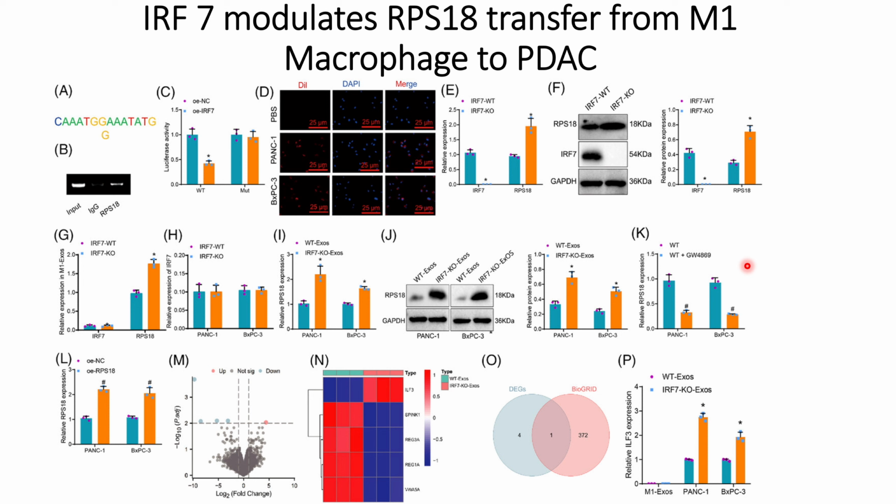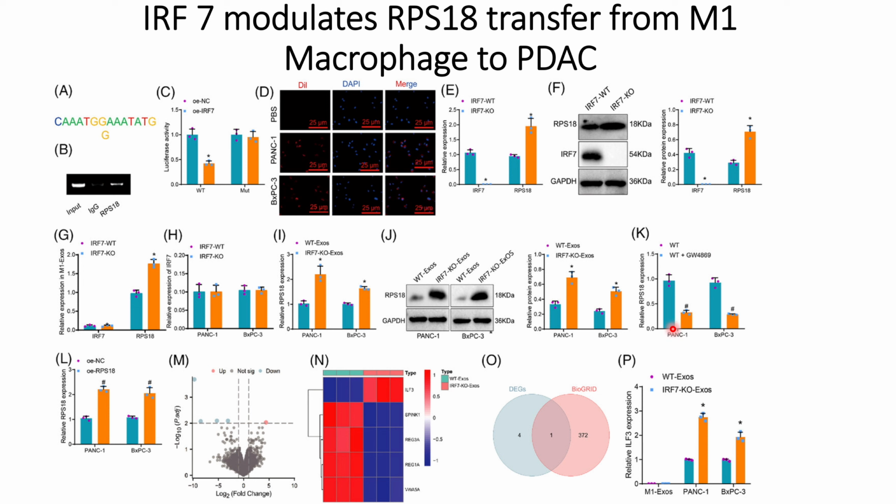And thereafter they use the inhibitor GW4869. This is an inhibitor to prevent extracellular vesicle translocation. So when they use this inhibitor, they can see reduced translocation.